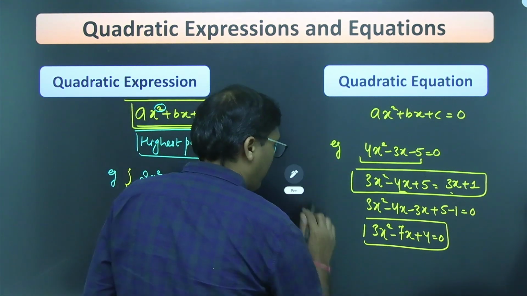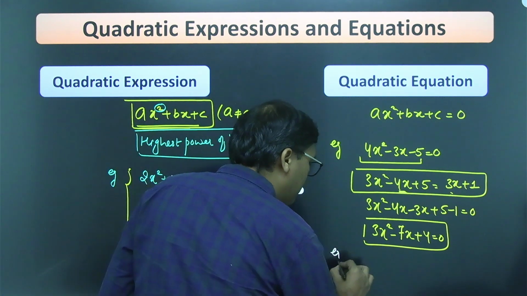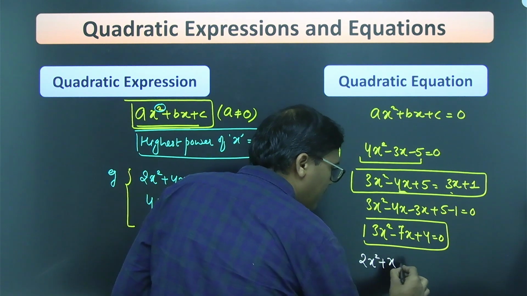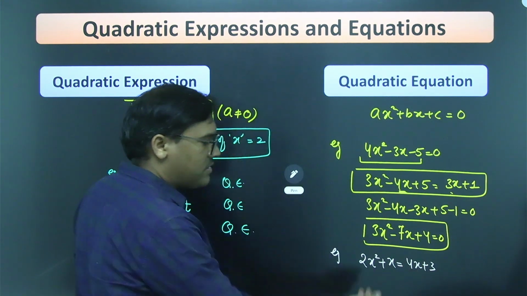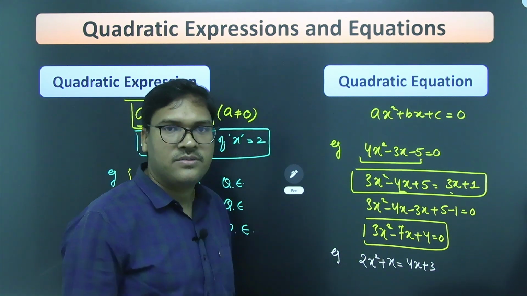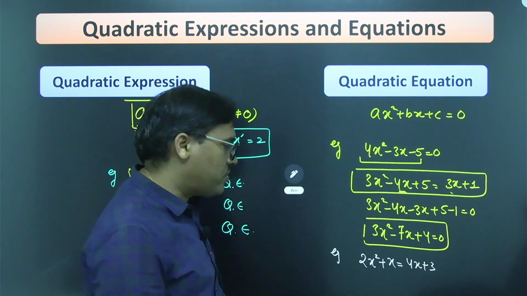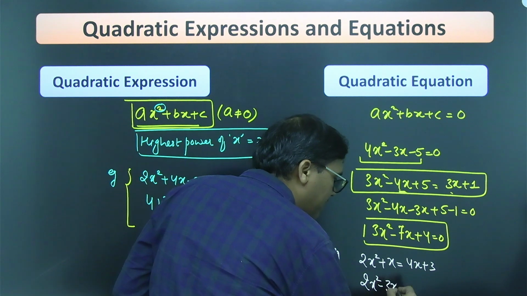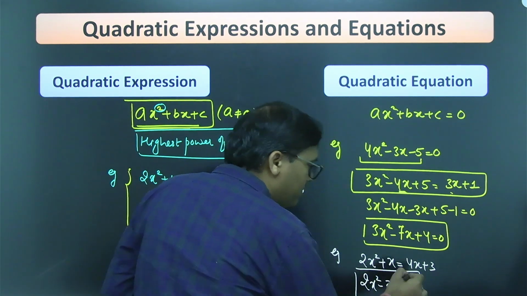Like for example, if you have 2x square plus x equal to 4x plus 3, is this a quadratic equation? Yes, this is a quadratic equation because the highest power of the x variable here is equal to 2. After simplification you can see this is 2x square minus 3x minus 3 equal to 0, since x minus 4x is equal to minus 3x.